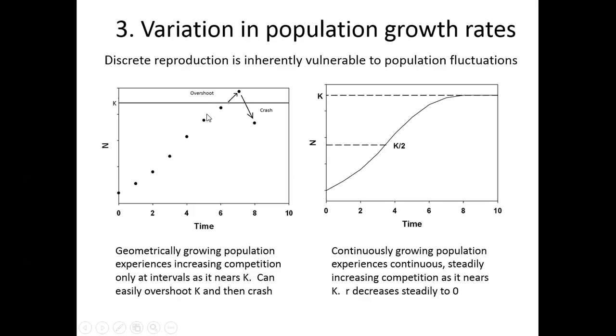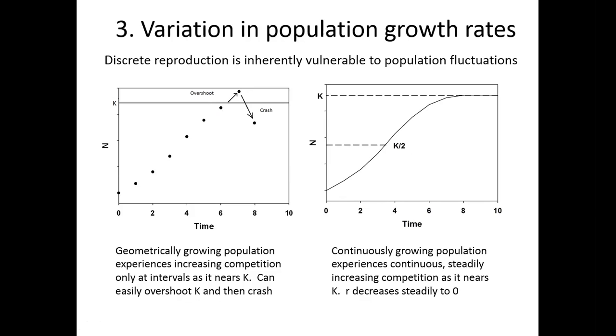But notice that there was no change in competition during year 5 because this was your population effectively all year. And then all of a sudden you got this big jump. So you're being regulated in year 6 this way, and you're not getting the increase in density dependent regulation that you would if you were growing exponentially. You're being regulated at this level, which allows you to reproduce this much, which causes you to overshoot.